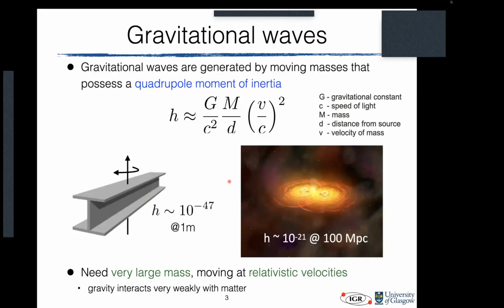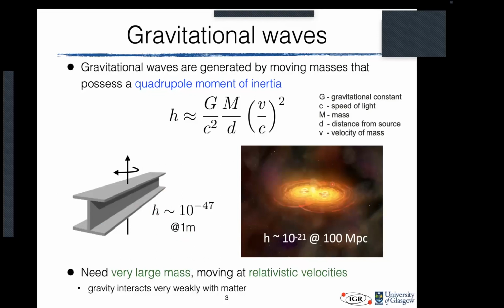On the other hand, if you take 2 black holes, and these black holes are 10 times the mass of the sun, so 10 solar masses, and these black holes are going around and merging, and even though they are 100 megaparsecs away, so much further than 1 meter, the mass of the sun is 10 to the 30 kilograms, and so these 2 black holes are 10 to the 31 kilograms effectively.